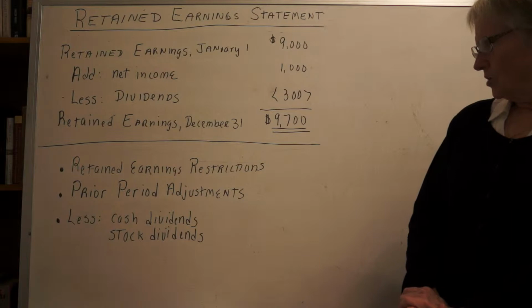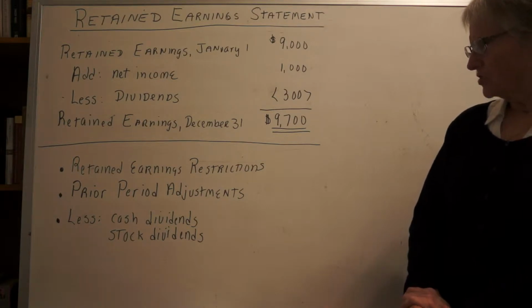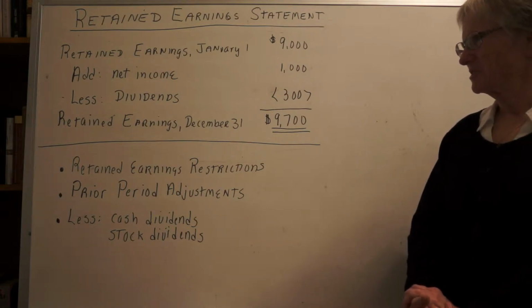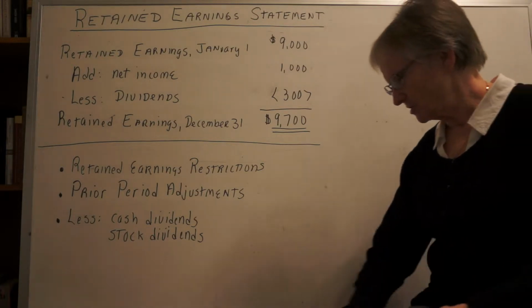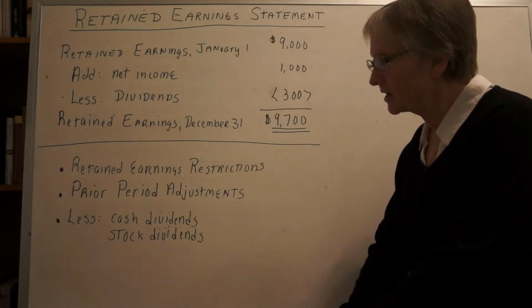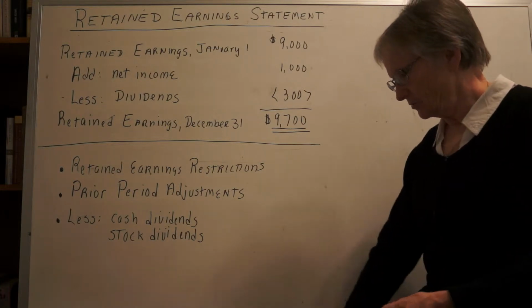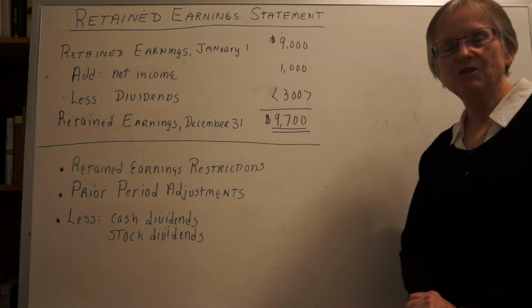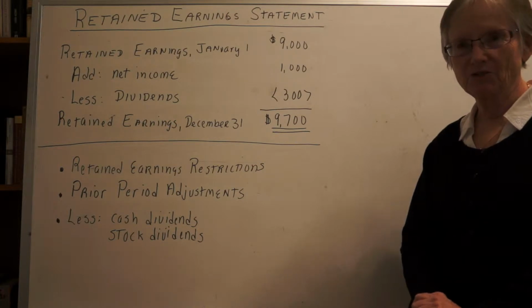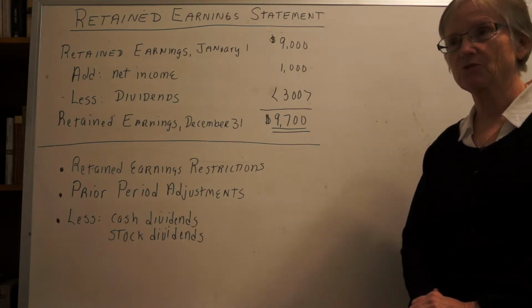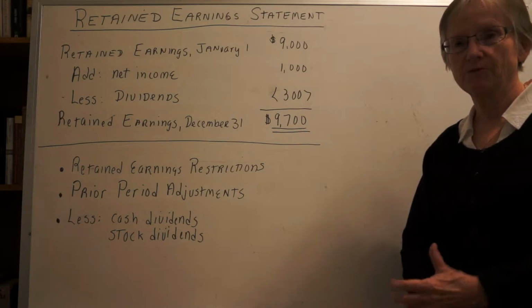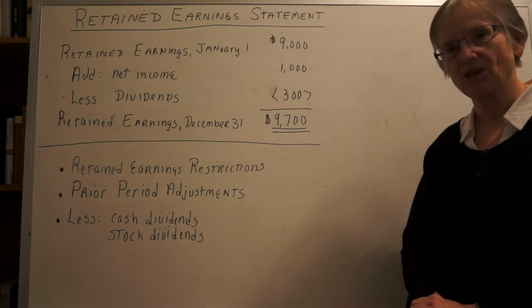Okay, so as far as prior period adjustments, these are called prior period adjustments, but what they really are is errors that have been made in financial statements that have already been issued. So it's this year we noticed that depreciation expense was materially off. It was maybe overstated or understated last year.